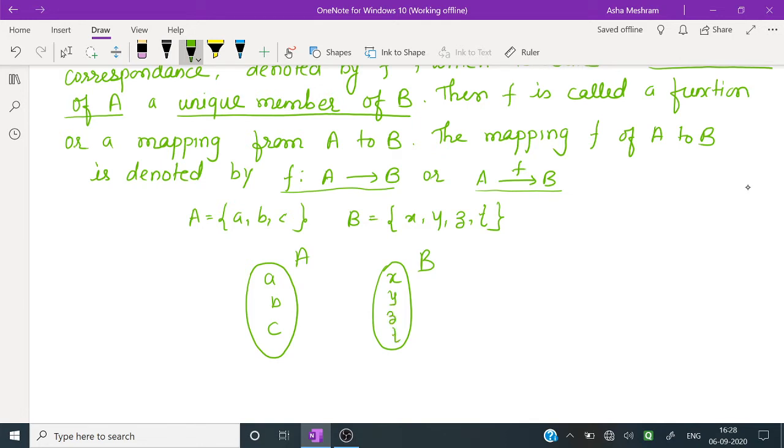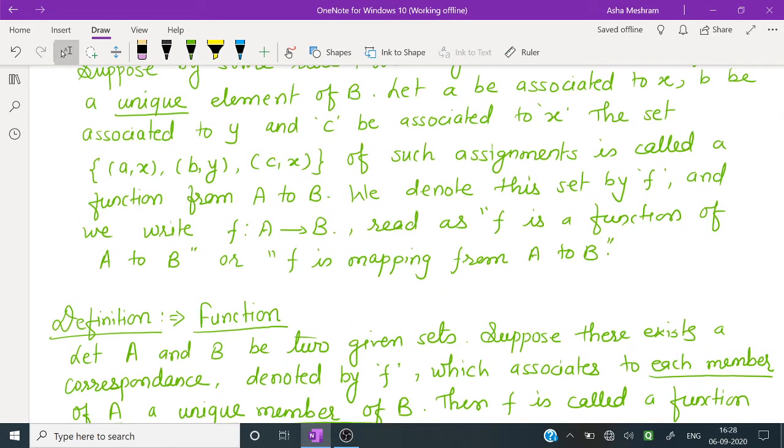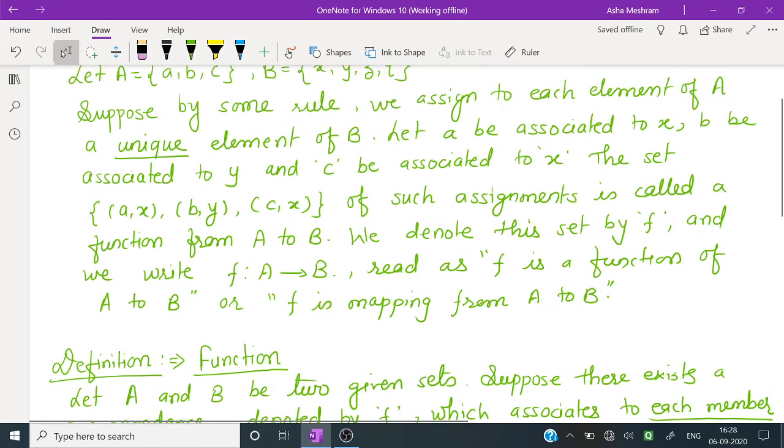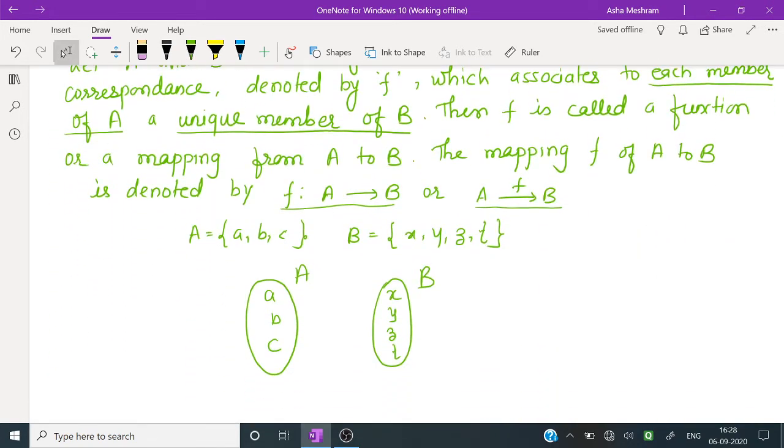There are 4 elements. As previously defined, A is associated to X, so we form the pair of A to X. Then B to Y, and again C to X.